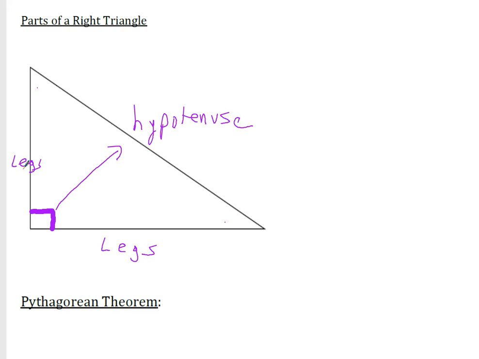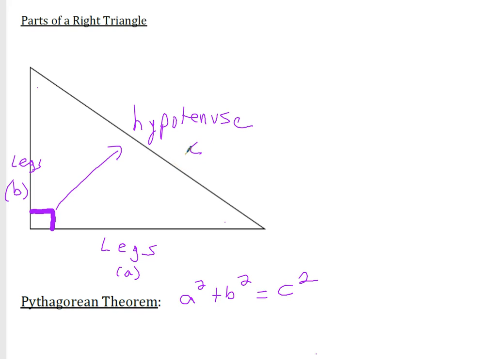One of the rules that holds true for the right triangle is what's called the Pythagorean theorem. That says that a squared plus b squared equals c squared. That's a way that we can figure out a missing side length in a right triangle. a and b are just variables that we use for the legs, and c is going to be the hypotenuse.